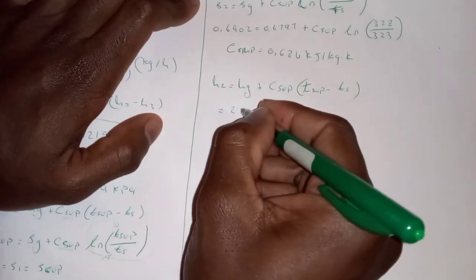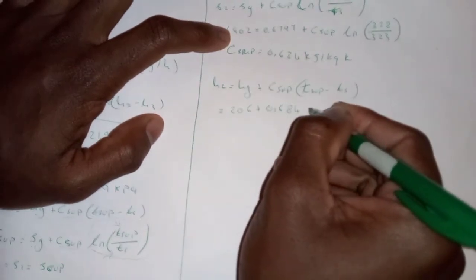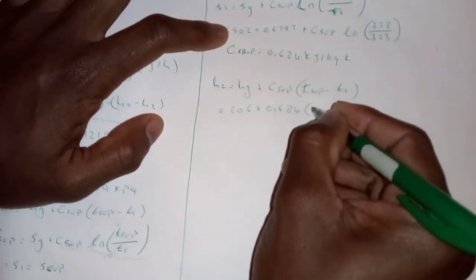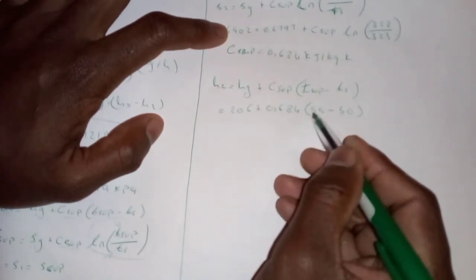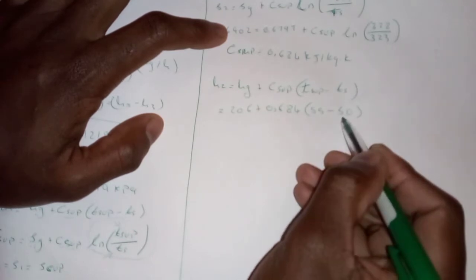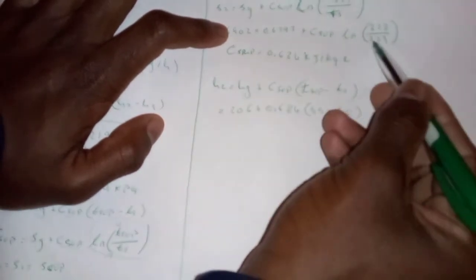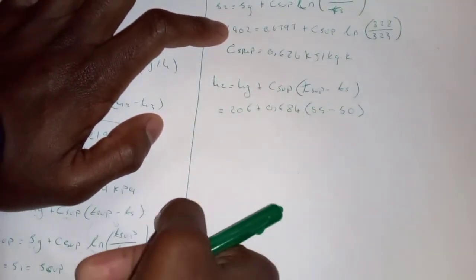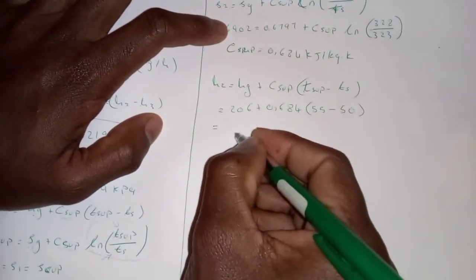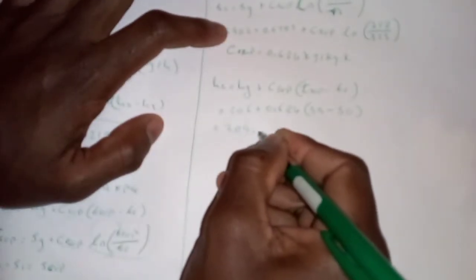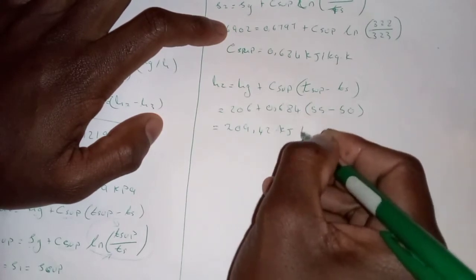So our Hg is 206 plus the specific heat capacity of superheated steam we already have, times T sup, 55, minus 50. Even if you were to put 328 and 323 here, it will be the same, but not in the previous formula. That one you must strictly use kelvins. So our H2, I got it as 209.42 kilojoules per kg.